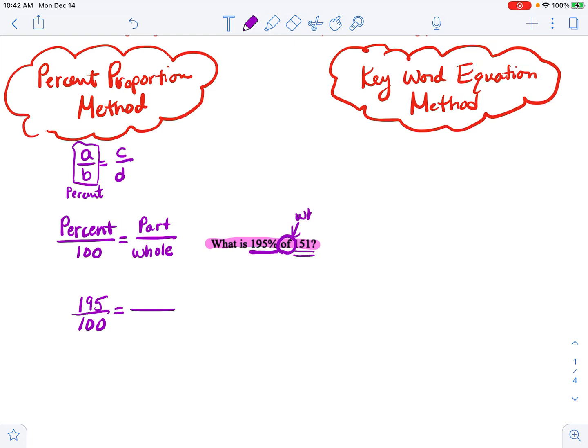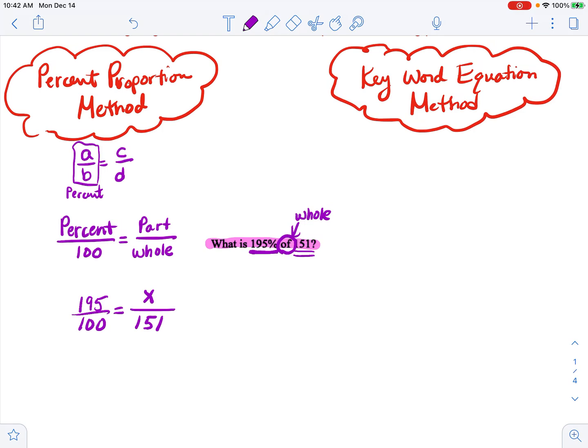So this is the whole number. So down in the bottom part of our fraction, we're going to put 151. Now, the part of the fraction is the unknown. So we're going to call that x.